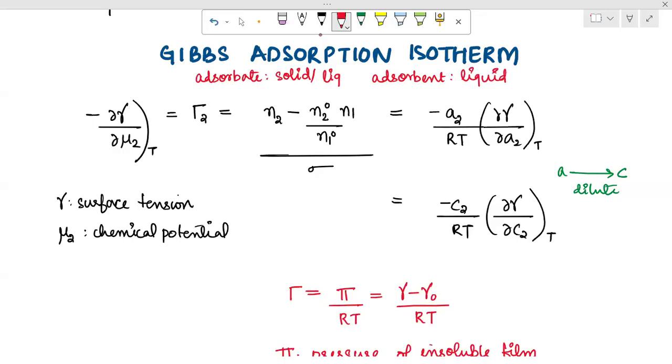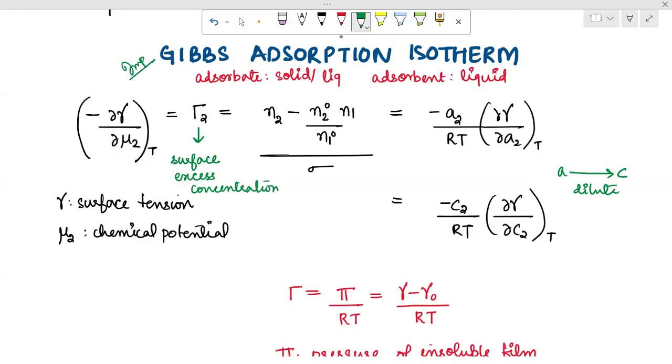Here it is solid on liquid or liquid on liquid, for which this quantity of change in surface tension with chemical potential, which is very important, is called the surface excess concentration.